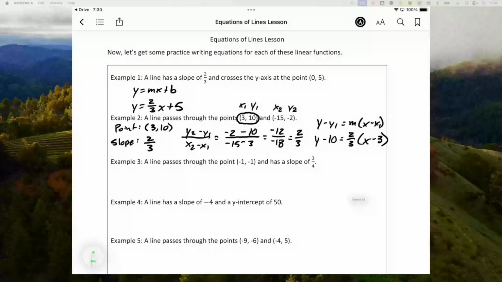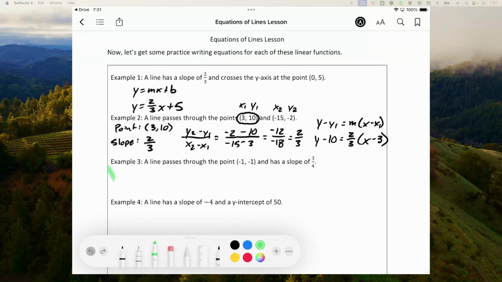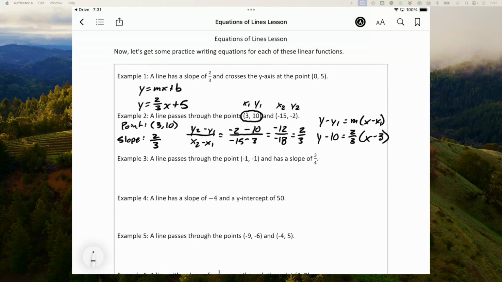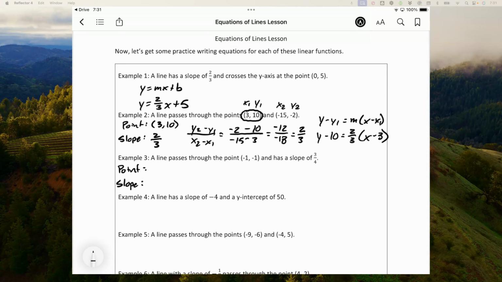Number 3, we do not have a y-intercept, so we do need a point and a slope for point-slope form. We only are given 1 point this time, so we don't have a choice. It's just negative 1, 1. And they do give us the slope this time. It's 3 over 4.